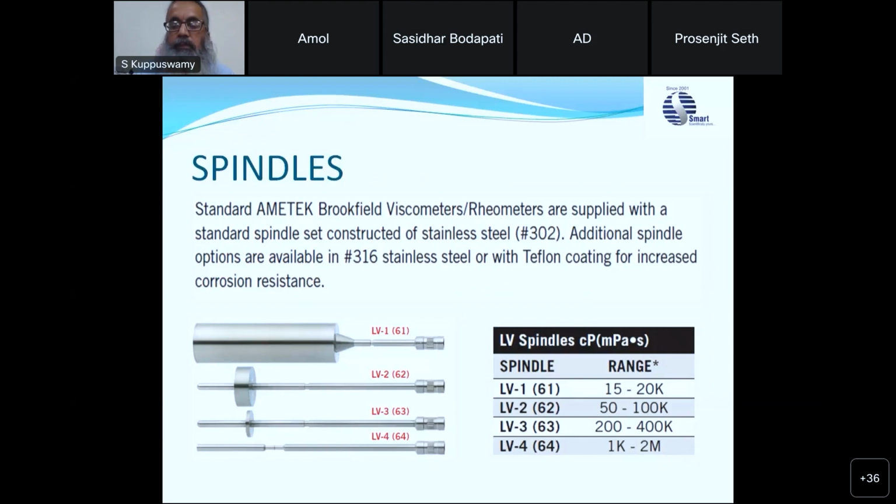These spindles are SS302, with 316 material available as optional, and also Teflon coated spindles are available for special applications where corrosive liquids can corrode the material of the spindle. In such cases, Teflon coated spindles are available. Next.